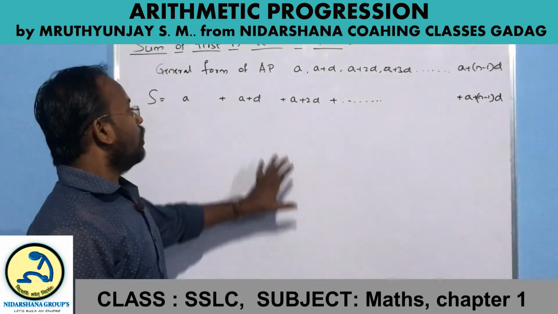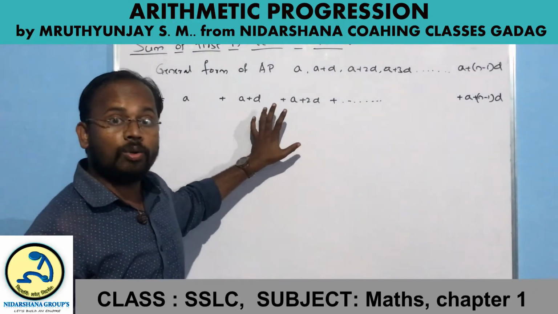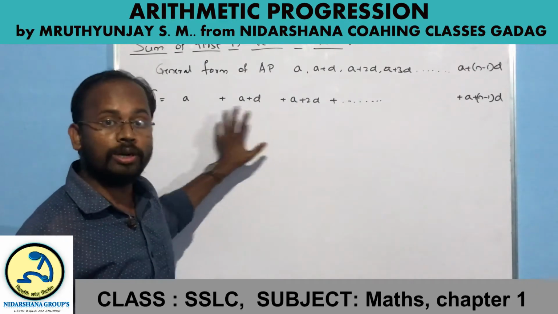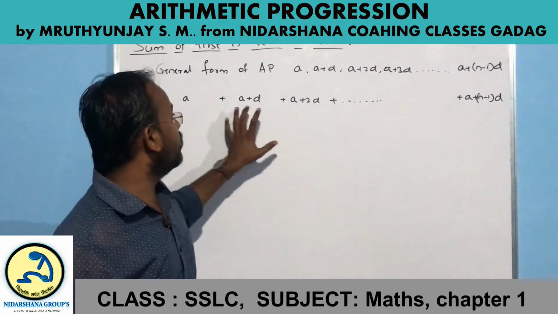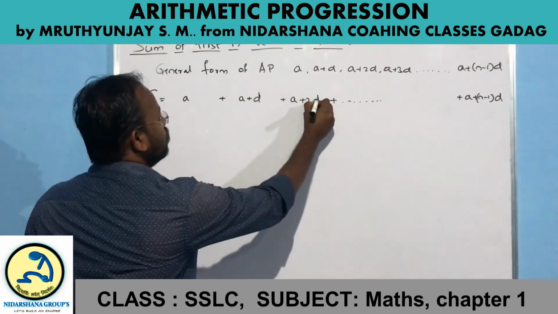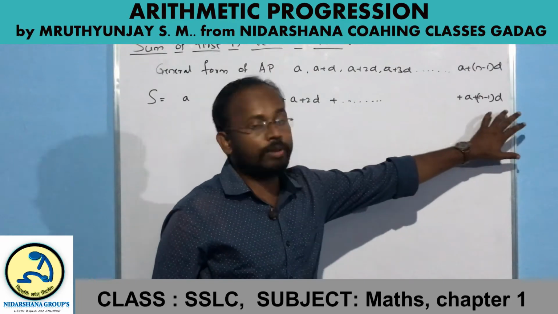Okay, so here, to get from the first term to the second term, we add d to the first term. To get the third term, we add d to the second term. Like that. This is the last term we know, that is a plus n minus 1 into d.